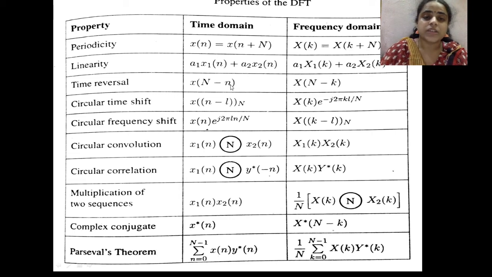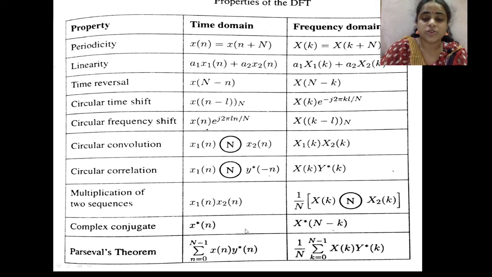This is time reversal, that means time shifting. This is circular time shift, circular frequency shift, circular convolution, circular correlation. Convolution, correlation, those we have covered in previous topics. Multiplication of sequences, and correlation is not in our syllabus, only convolution is there, but correlation I have given definition and very few examples.